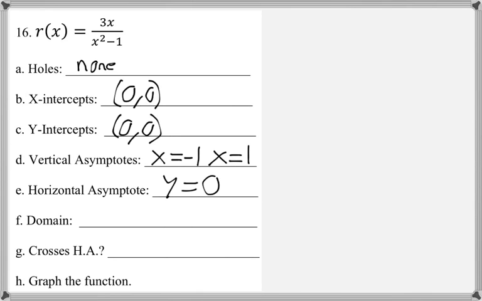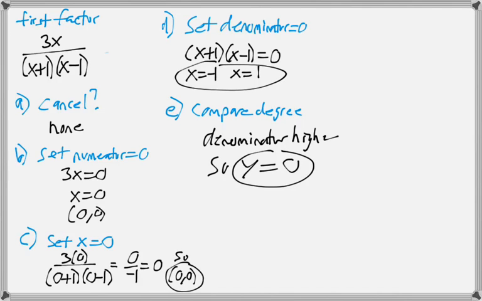For the domain, we need to worry about holes and vertical asymptotes. So it can't be parts A or D, meaning the holes or the vertical asymptotes.